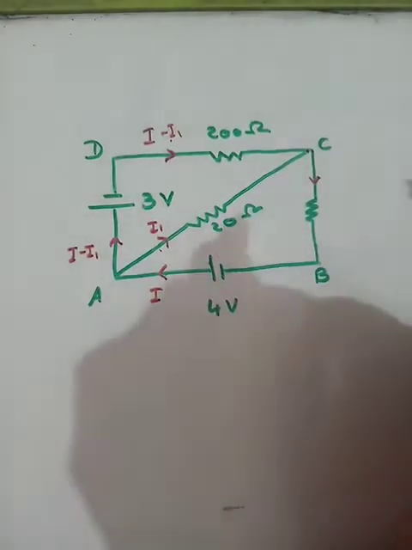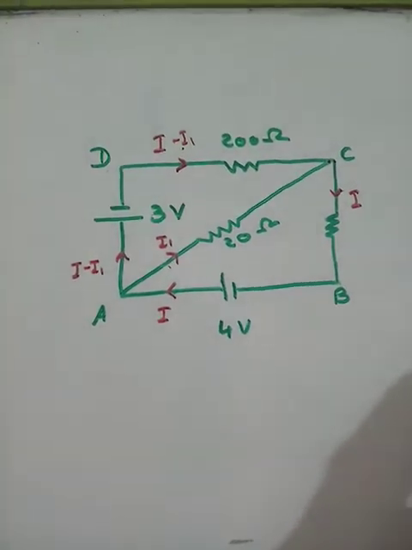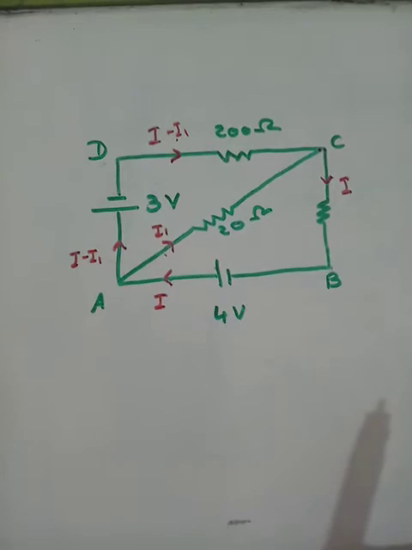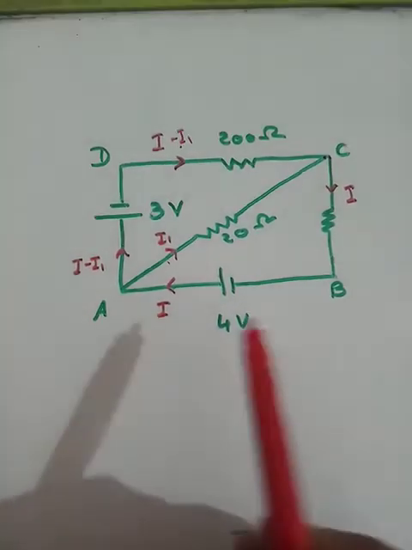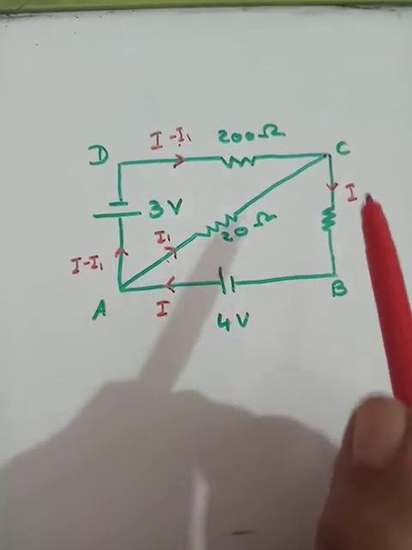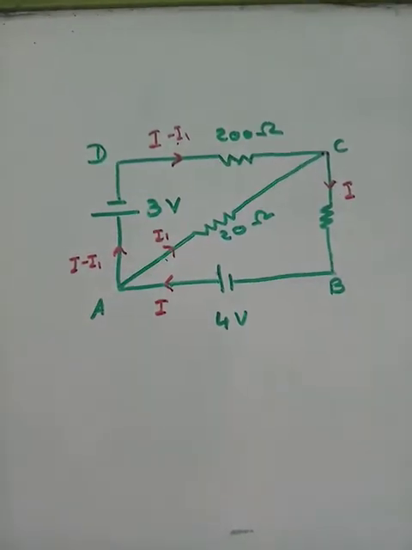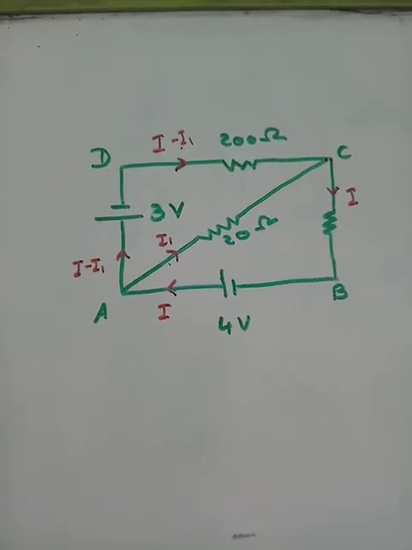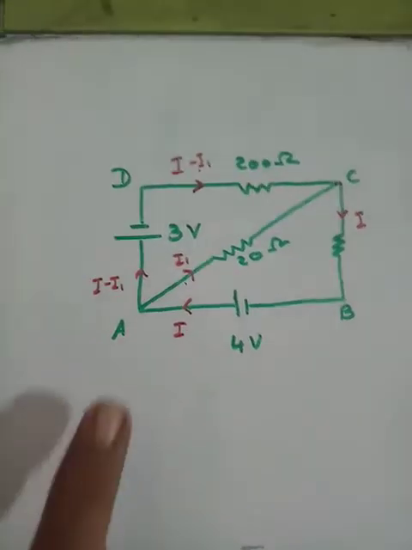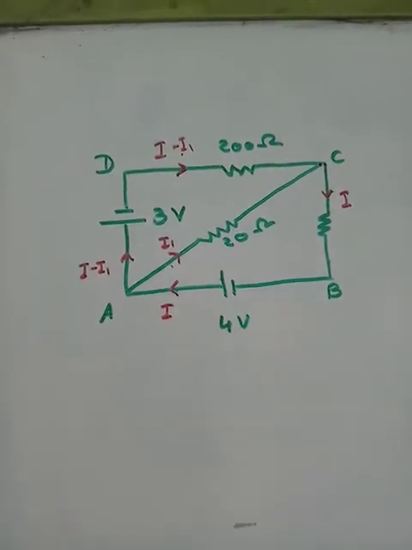When you add them, what you get is simply current I. So this again confirms that whatever current is going outside the battery, the same current should go in the battery. Now one doubt you might be having is why I have not taken any current coming out of this 3-volt cell. There is no need for it.